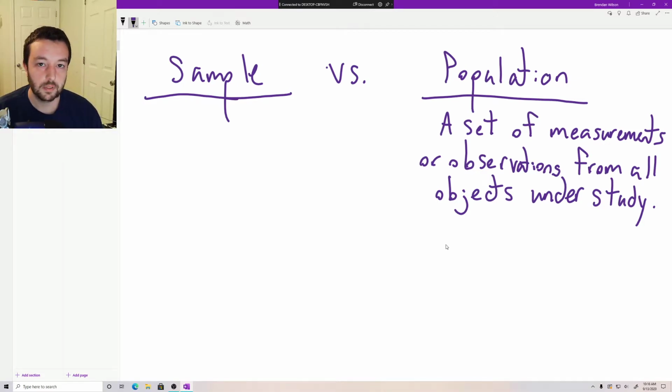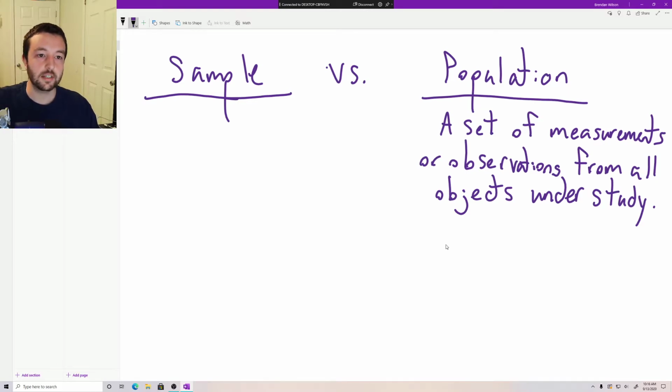So typically when we're talking about statistics, we're trying to measure something or we're trying to observe something. So like an observation could be somebody's favorite color, right? Like we're observing what their favorite color is. Measurement could be like we're measuring the length of something, or it could just be how long did something take to do, things like that. The important thing though here is that it's from all objects under study.